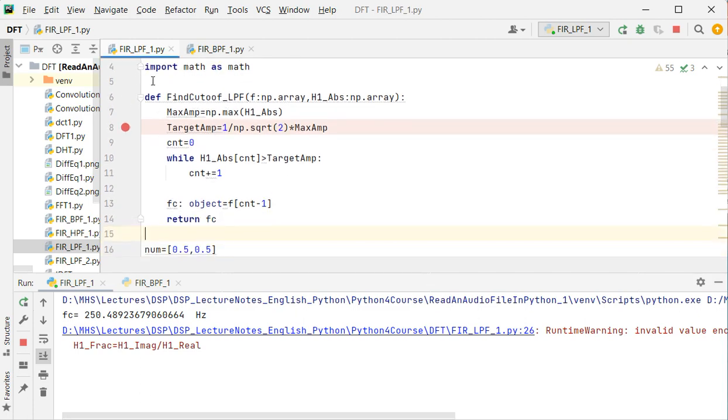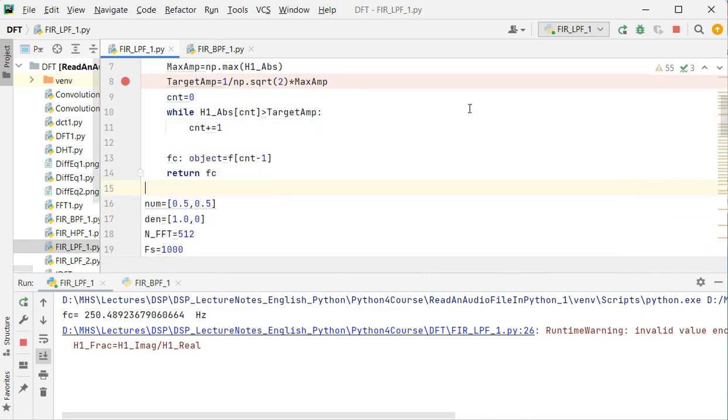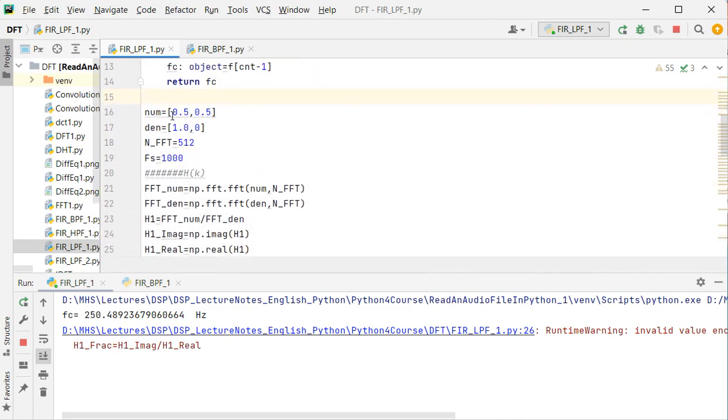here we have defined how to calculate a cutoff frequency for low pass. Very simple algorithm. Okay. Here you see the numerator of the system 0.5, 0.5, denominator 1, 0. That's the story for all FIR systems.